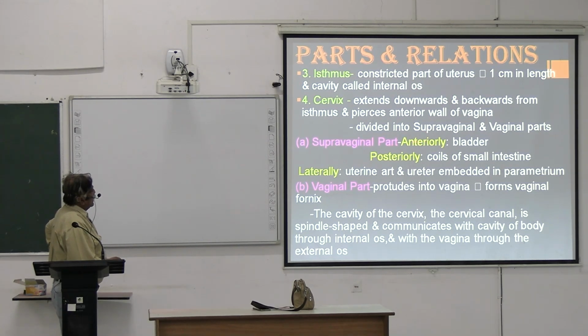Supravaginal part: anteriorly the bladder, posteriorly coils of small intestine, laterally uterine artery and ureter embedded in the parametrium. Vaginal part protrudes into the vagina, forms the vaginal fornix. The cavity of the cervix, the cervical canal, is spindle-shaped and communicates with the cavity of the body through the internal os and with the vagina through the external os.